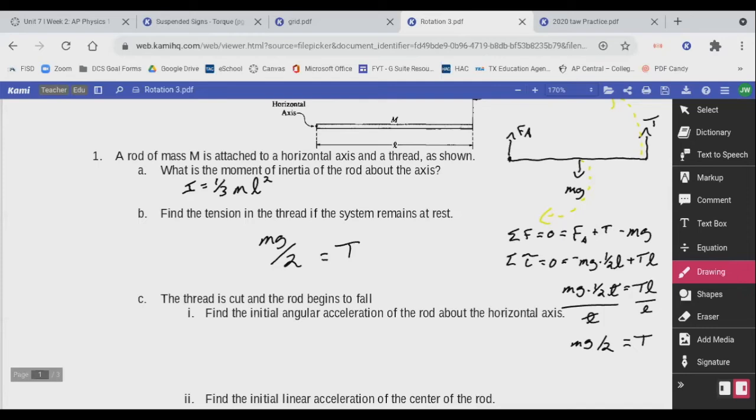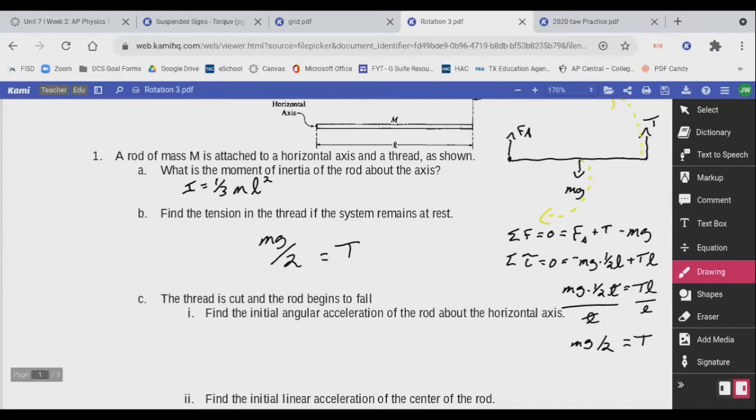Well, what other forces do we have? MG's going down, and MG would cause the rotation to be clockwise. And then we have tension going up, and it would force it to try to make it spin counterclockwise. So they're going in opposite directions. But since the system's not moving, I know my net torque is 0.